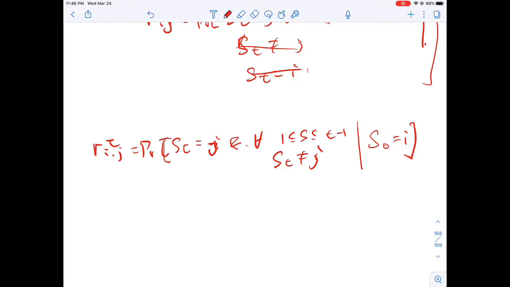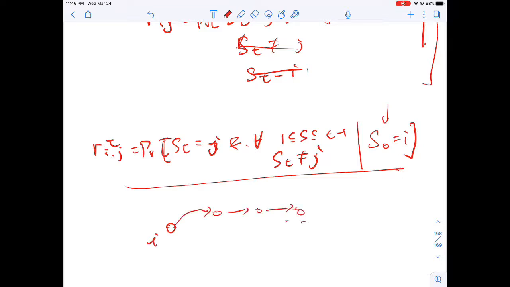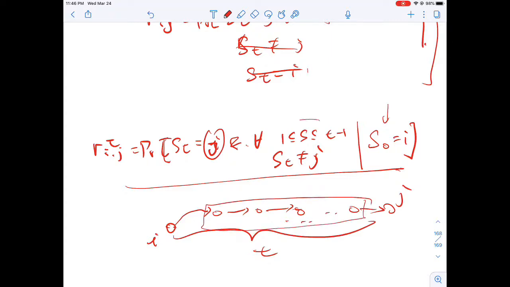So what does that mean? Let's parse this equation. I start with state i and traverse for t steps. At the end, I need to reach j, and before that, within the first t minus 1 steps, I never reach j.